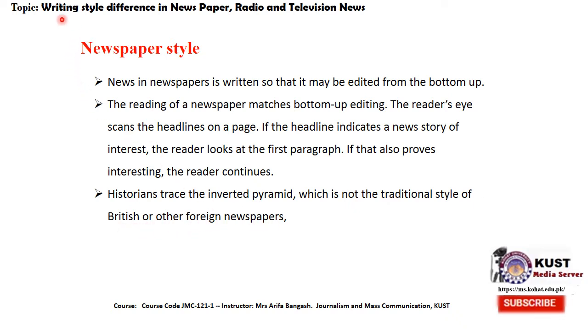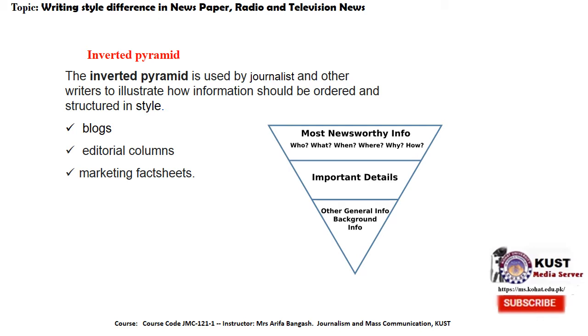So we will talk about the inverted pyramid format for newspaper style. What is the inverted pyramid? In the inverted pyramid, the most important information comes in the first paragraph and the story continues with facts in descending order of news value. The inverted pyramid is used by journalists and other writers to illustrate how information would be ordered and structured in a style, for example, a news report.